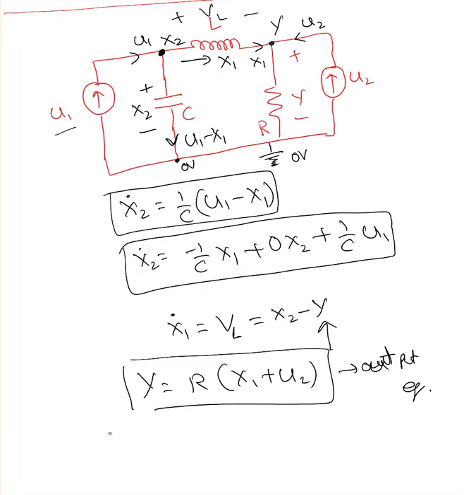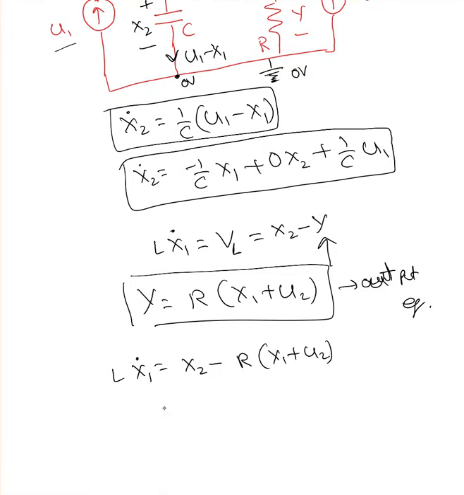So L times x1 dot equal to x2 minus R times (x1 plus U2).